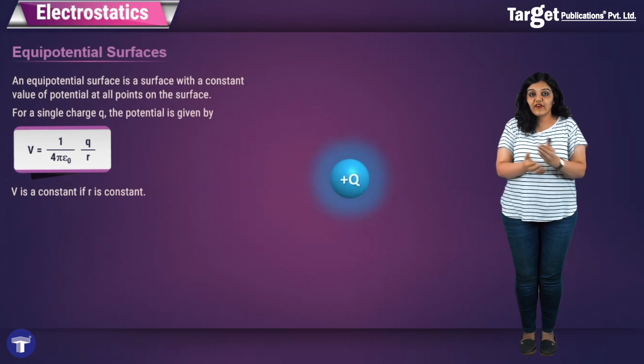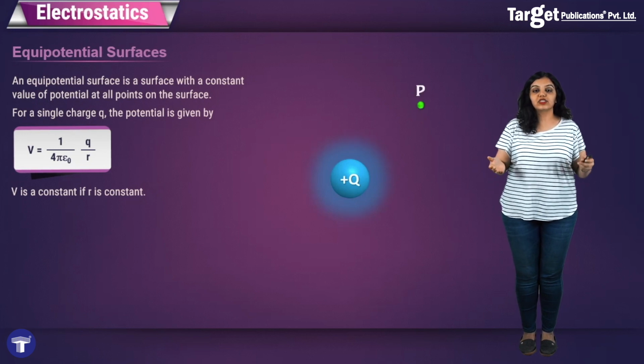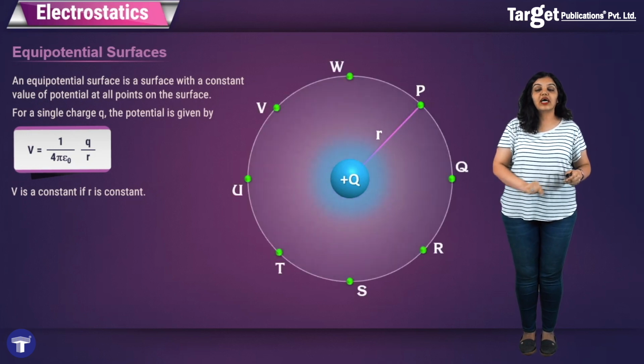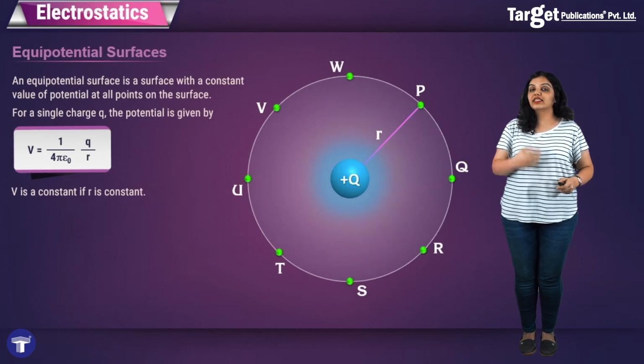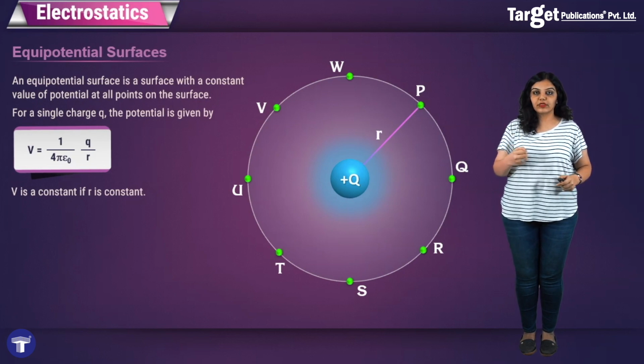So for example, if I have a point charge, let's say plus Q, and I try to find out the potential at many different points around this point charge, then I will see that all the points which lie on the same radius r from this point charge, at all these points the potential will be the same because they are all at the same small r distance from the point charge.